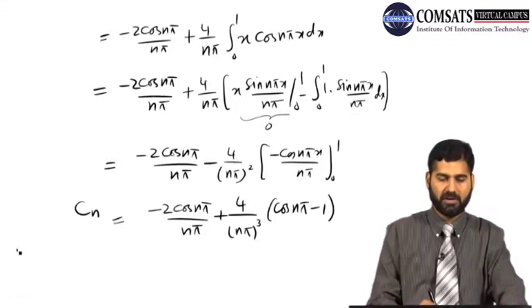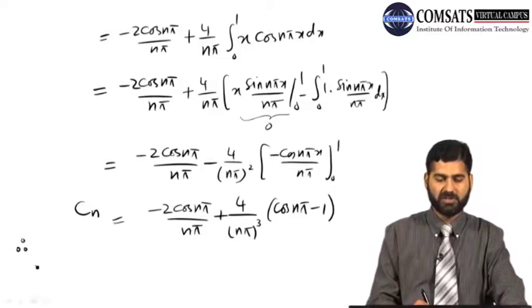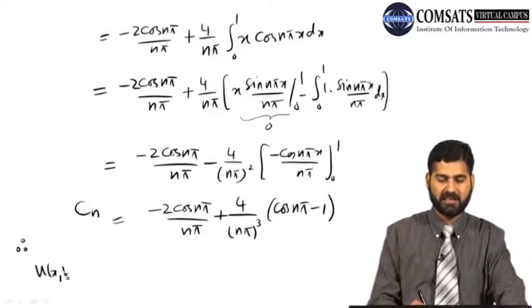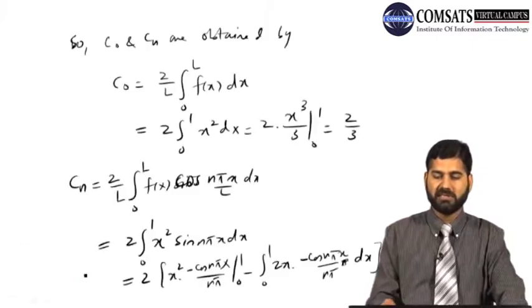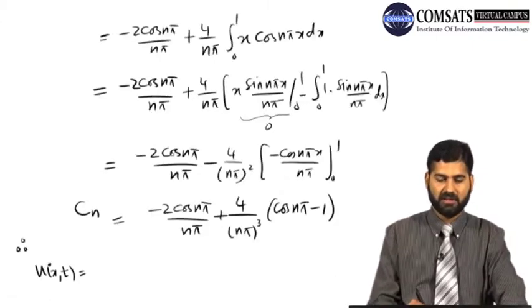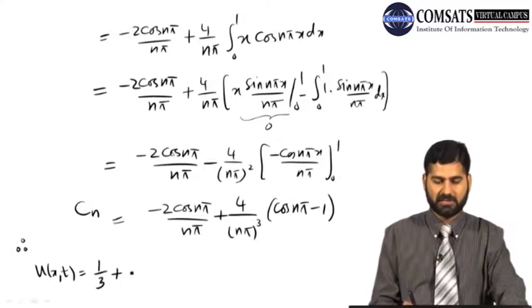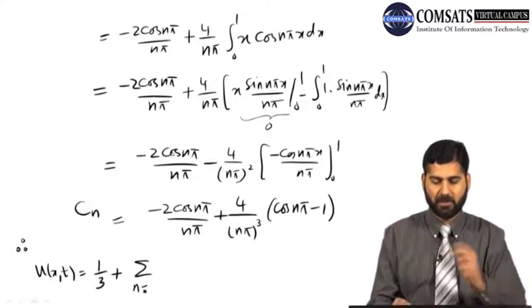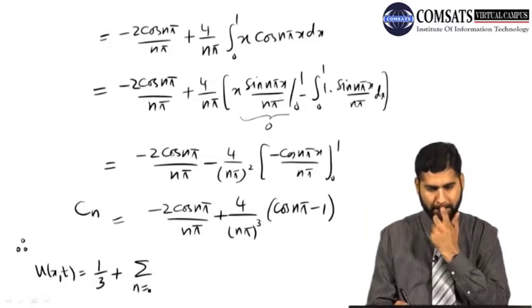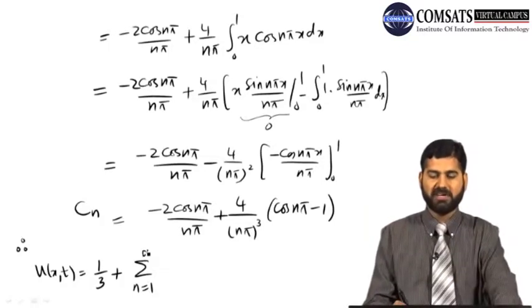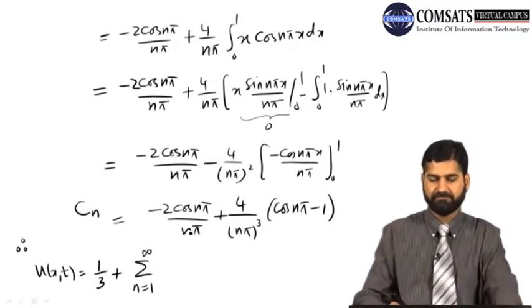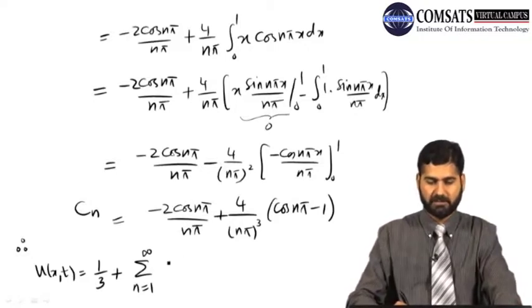So therefore, the general solution u(x,t) is c naught by 2, c naught is 2 by 3. So 2 by 3 by 2 is 1 by 3 plus summation n goes from 1 to infinity Cn. If you want, you can write Cn together.